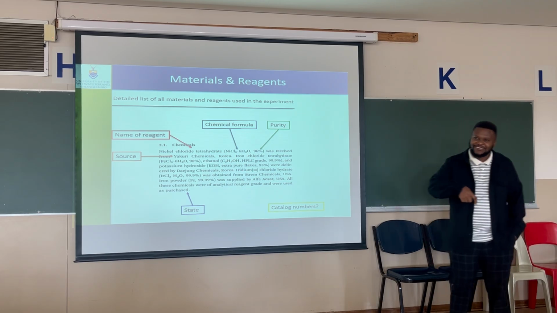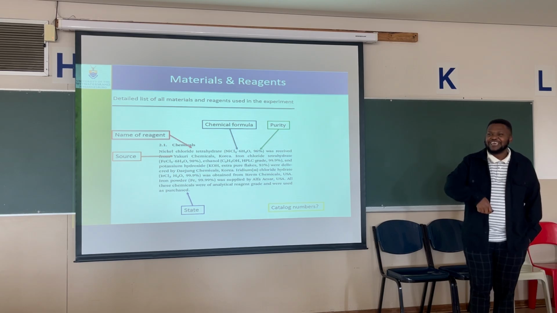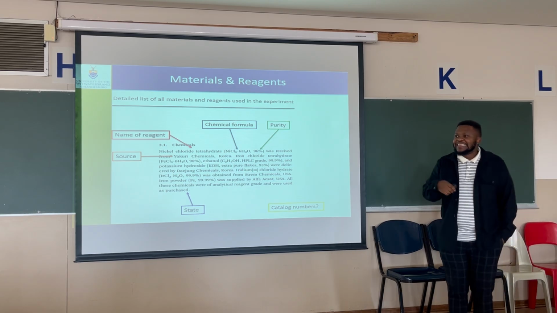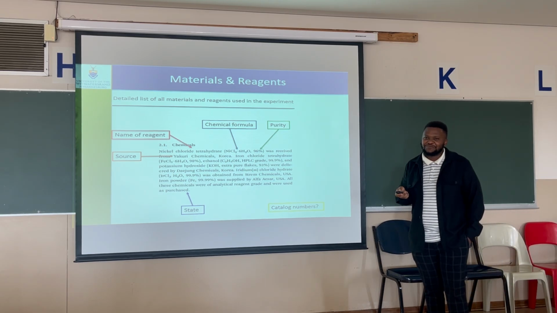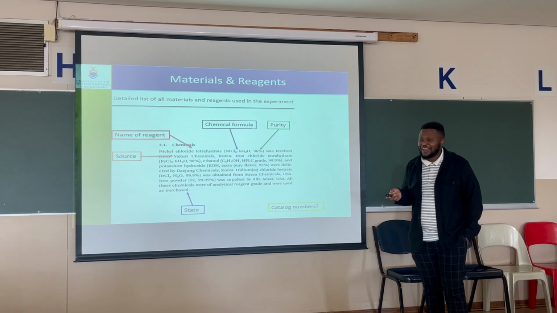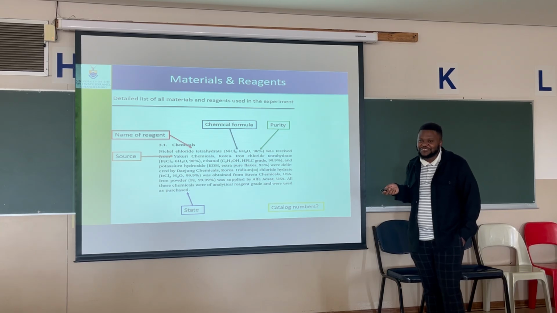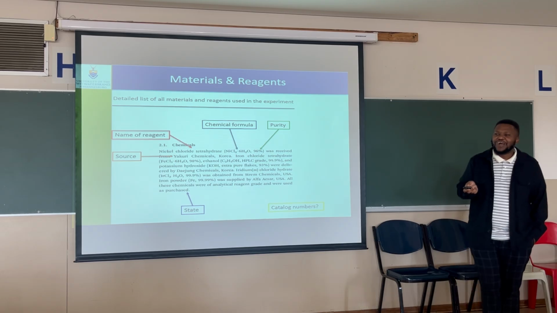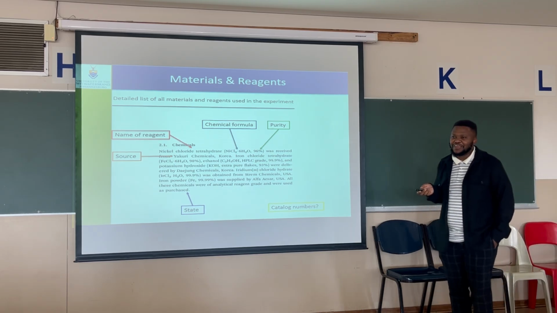Okay, I got it at 70% and then I purified it to be 99%. Nobody is going to assume that you did anything to whatever chemical that you got, right? You need to state that you made modifications to that particular chemical.